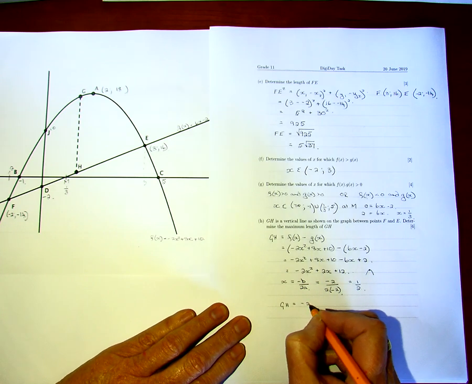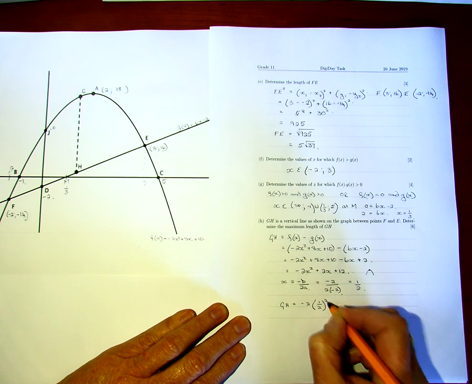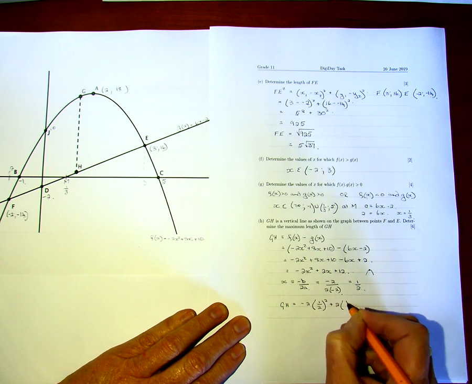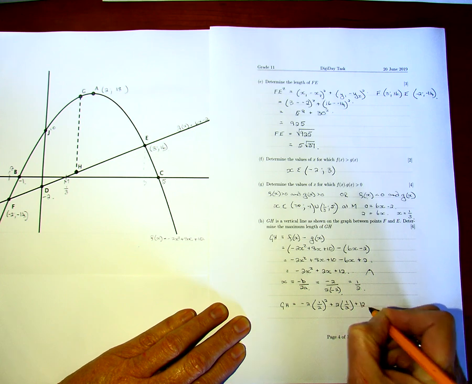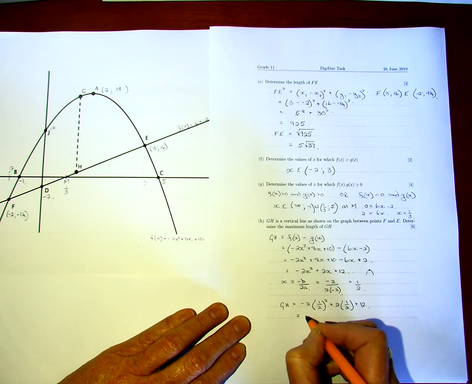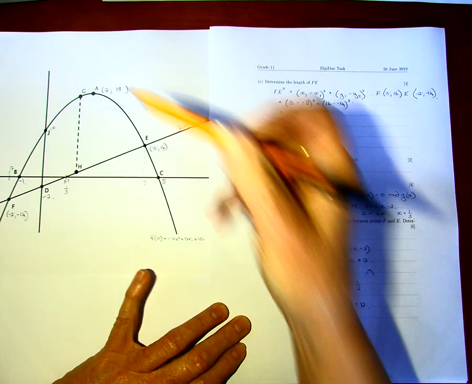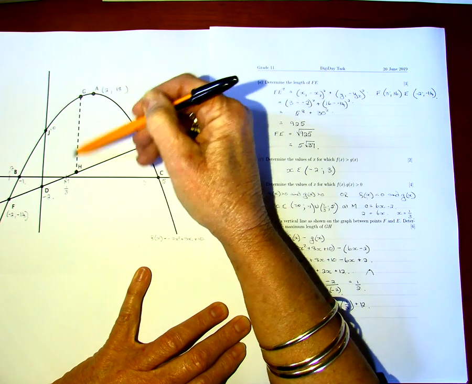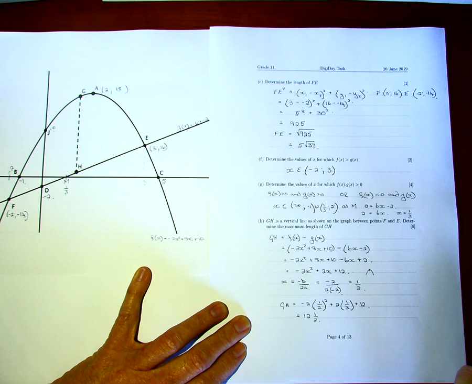So we do the substitution, minus 2 times 1/2 squared plus 2 times 1/2 plus 12. And when we do that calculation, we land up with a value of 12.5. That tells me that the biggest distance between the parabola and the line is going to be 12.5. That is going to occur when the x value is 1/2.